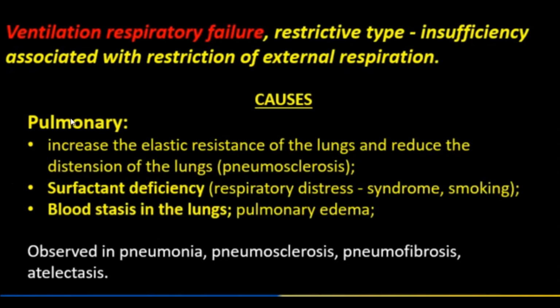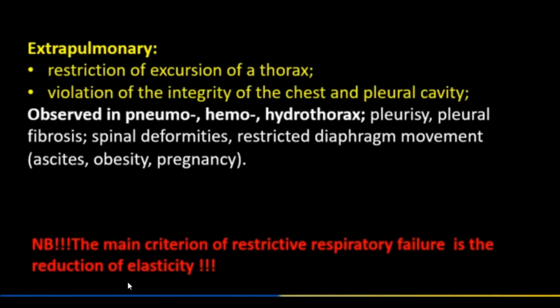Some pulmonary causes increase the elastic resistance of the lungs and reduce the distension of the lungs: pneumosclerosis, for example, surfactant deficiency, respiratory distress and smoking, blood stasis in the lungs, and pulmonary edema. It is observed in pneumonia, pneumosclerosis, pneumofibrosis, and atelectasis.